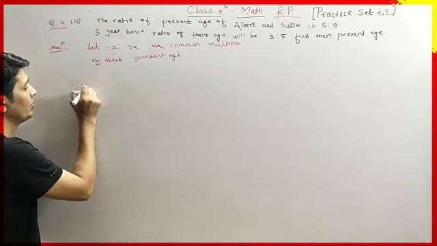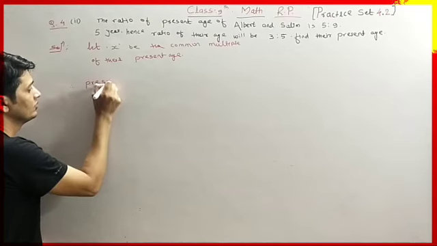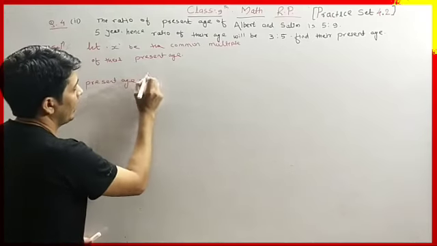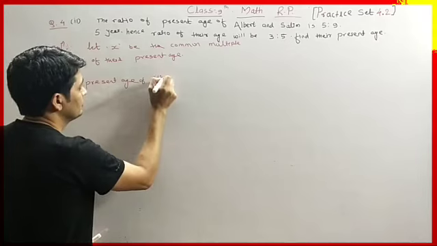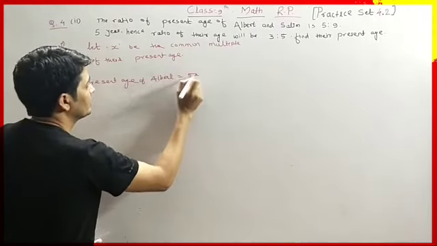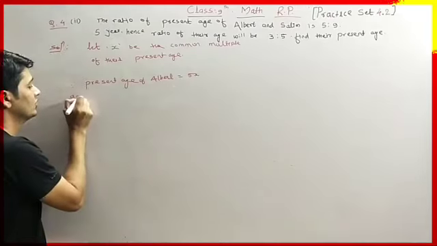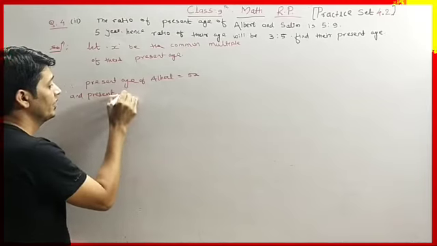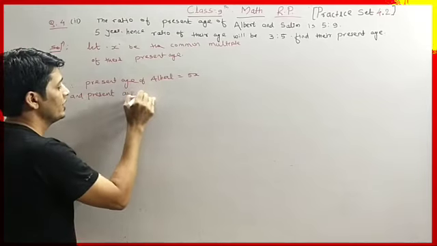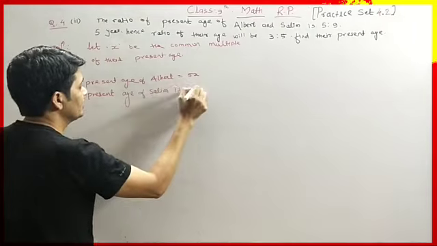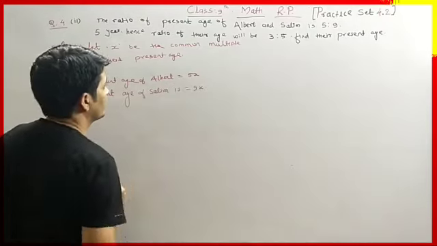Therefore the present age of Albert will be 5x and the present age of Salim is 9x.